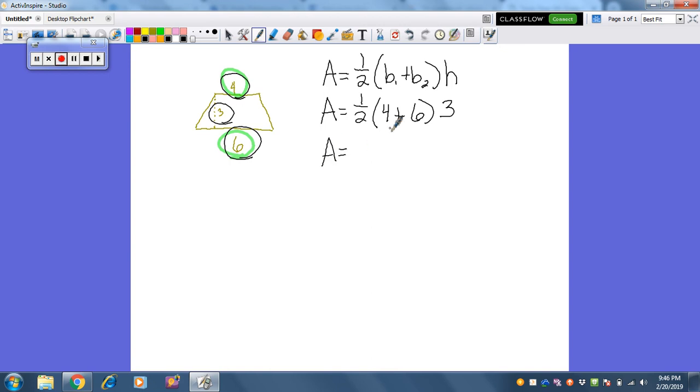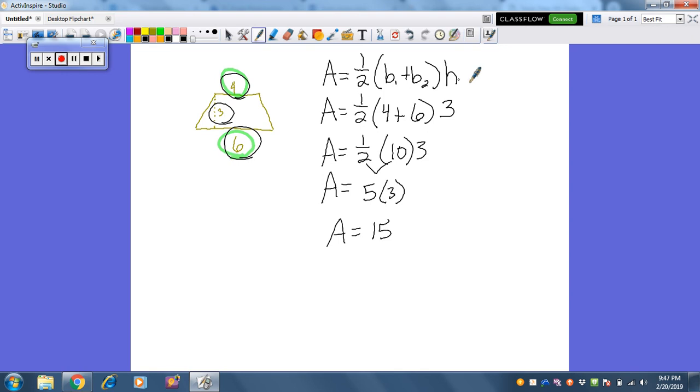I'm going to do this addition first because PEMDAS or GEMDAS says you do what's in the parentheses first. So 4 plus 6 is 10. Then I'm going to multiply in any order I want. 1/2 times 10 is 5. And 5 times 3 is 15.